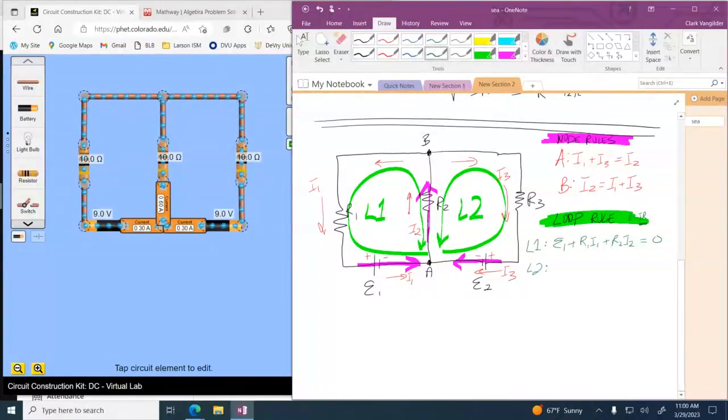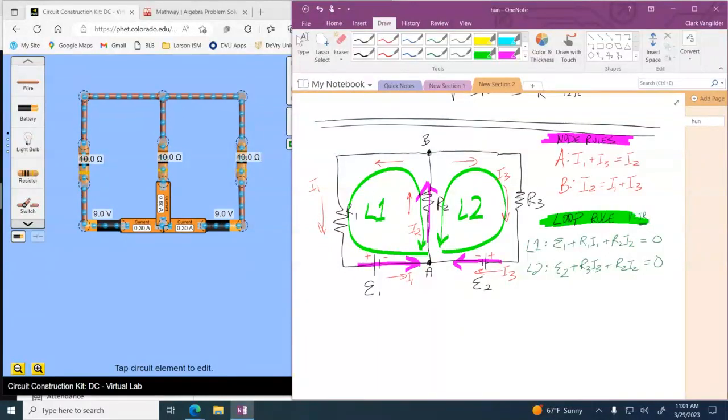Now if I were to do loop 2, I'll just write it. I'm going uphill again through that battery, and then going against the flow again. So R3, I3, and then plus R2, I2. At this point, you could stop with your loop equations, because we're going to know the resistance values.